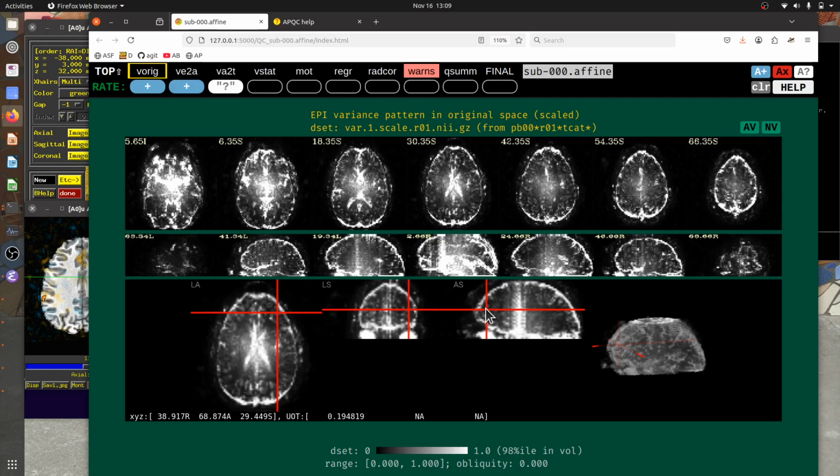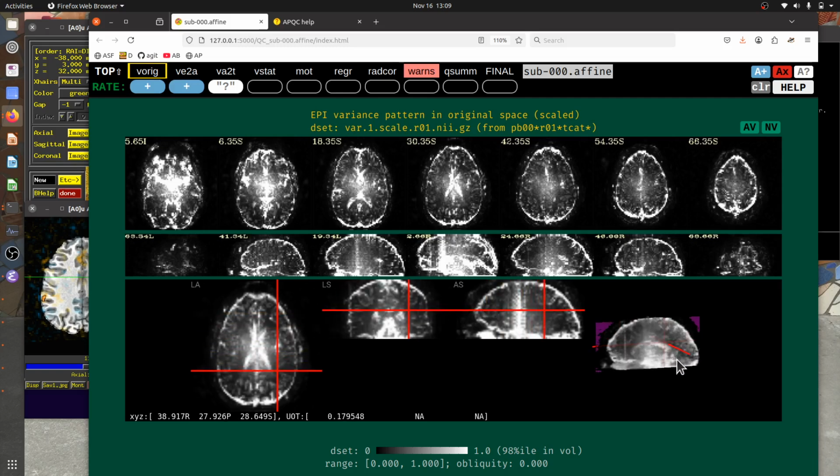And these are actually deeply problematic. So this is a way I can surf through and clip and see a lot of them. But you can see in the frontal and inferior parts of the brain and here in the middle that these columns of strongly artifactual data appear throughout the volume.